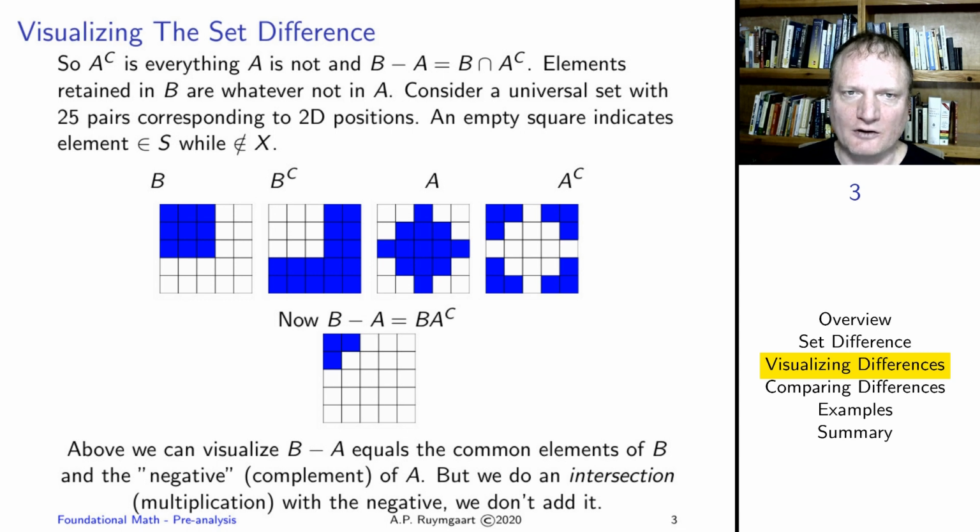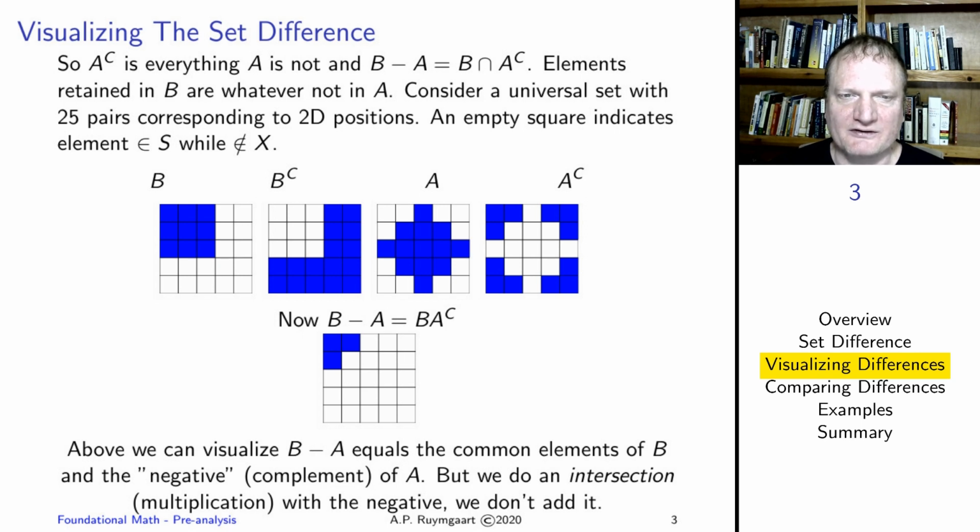So let's take a closer look at the set difference, and we again have B minus A, and we can see from some Venn diagrams I've made here with a set of 2D positions that B minus A equals the intersection of B with the complement of A. First, I've made Venn diagrams with a set of 25 positions, a 5 by 5 set of squares, where if a particular element is in the universal set, but it's not in our set of interest, then the square is empty or white, and otherwise it's blue.